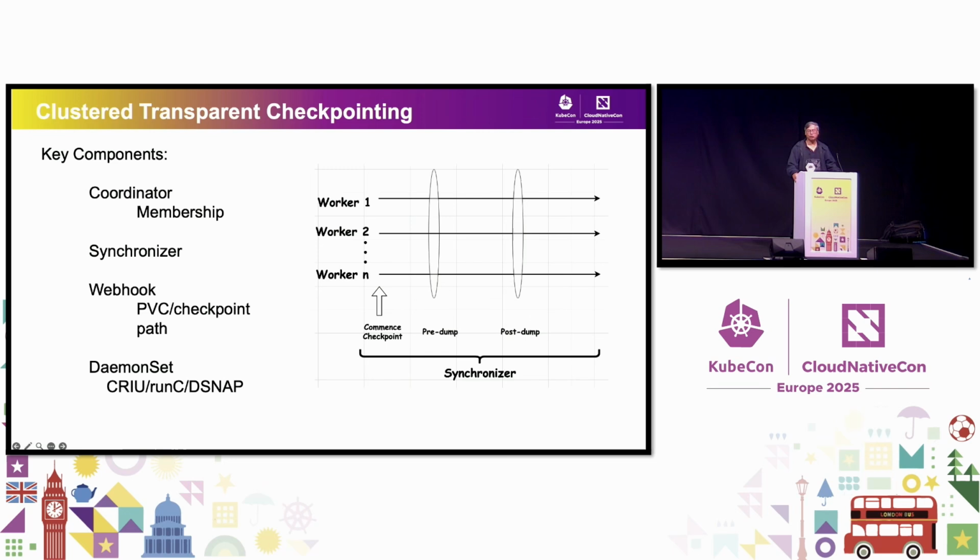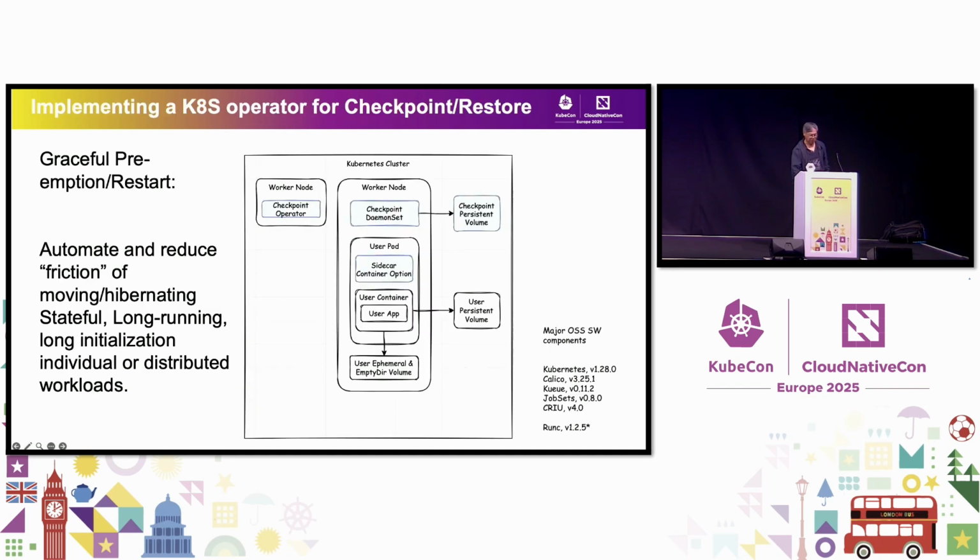The goal of that is, runC would normally pull a cold restart container off of the registry, but in this case, runC will go to a directory path if there is one for a checkpoint and bring the image in that way. So that's the basics of how our cluster transparent checkpointing is implemented.